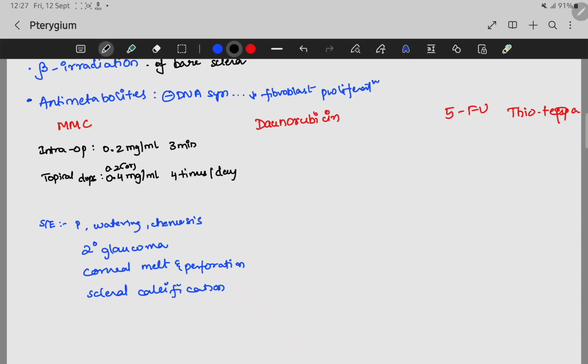Now coming to daunorubicin, it is used intraoperatively at 0.02% for 3 minutes. The side effects with this are the same, like chemosis and delayed epithelialization.